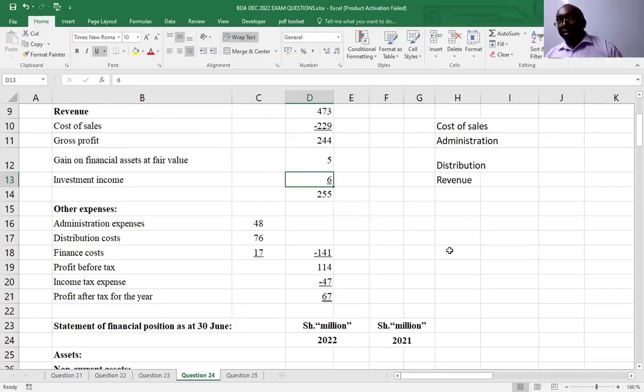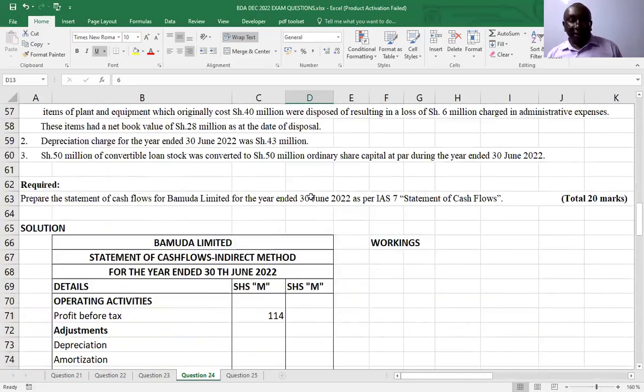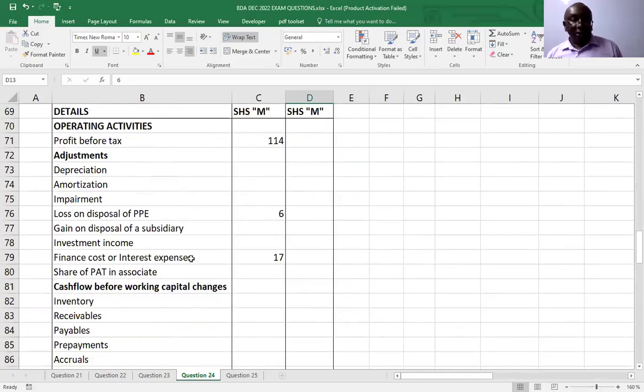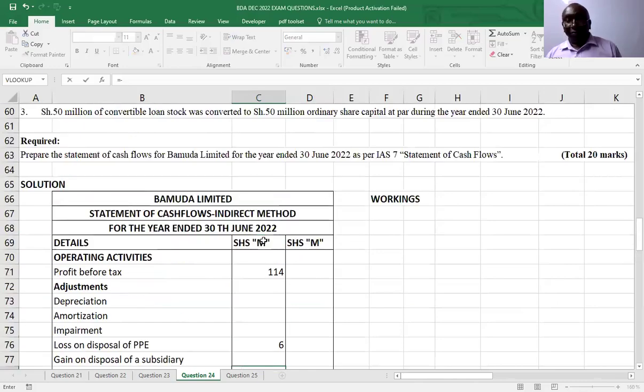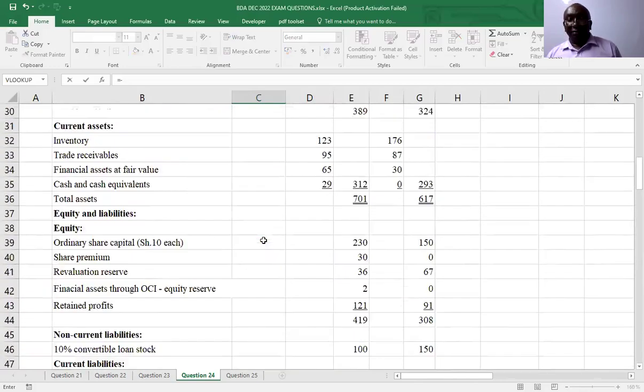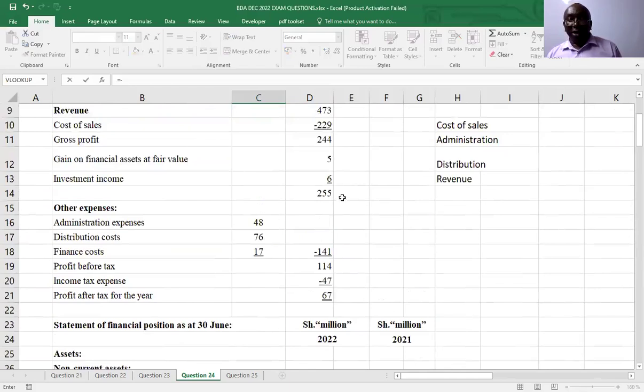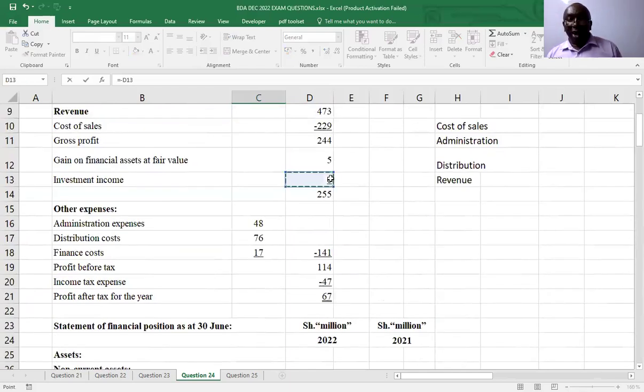It's not part of our day-to-day activities. And therefore, now that they have put it here, we need to come and less it. So as we bring it here, the investment income, you say equals, and you bring it in as negative, because when it was brought here, it made the profits go up. It made the profits go up. Now we want to remove it.